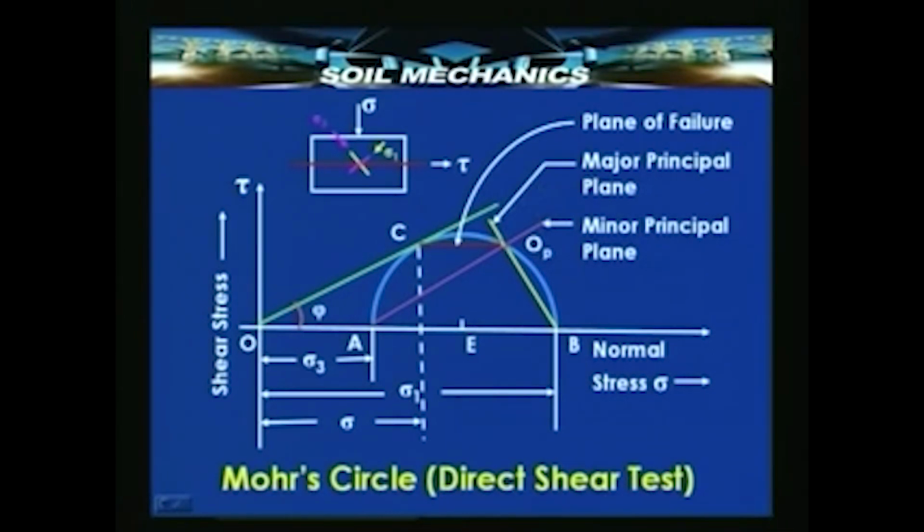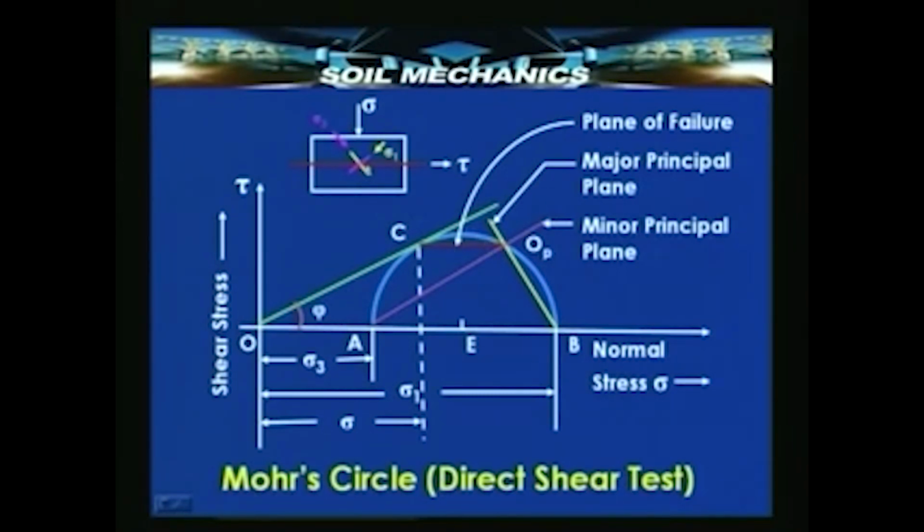So, the major principal plane is very easily obtained once you know OP by connecting it to point B. Identically, by the same method you can get OPA, which will be nothing but the minor principal plane. So, now we know the orientations of the major and the minor principal planes.